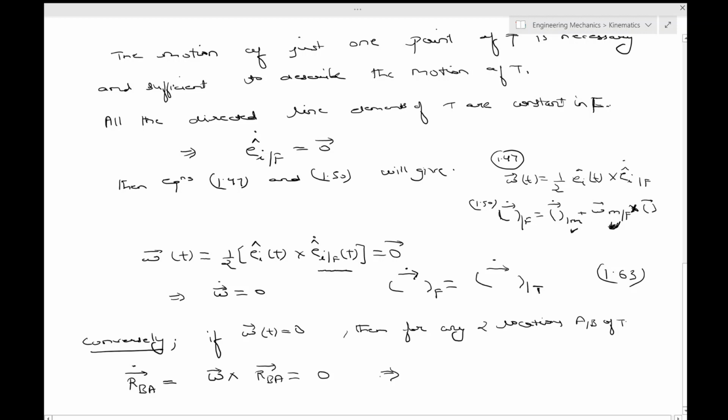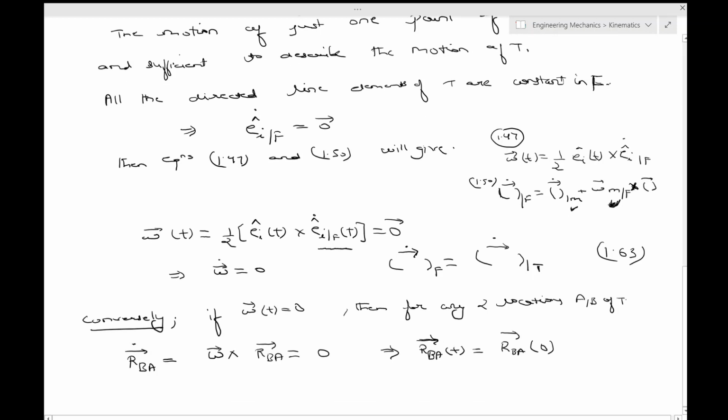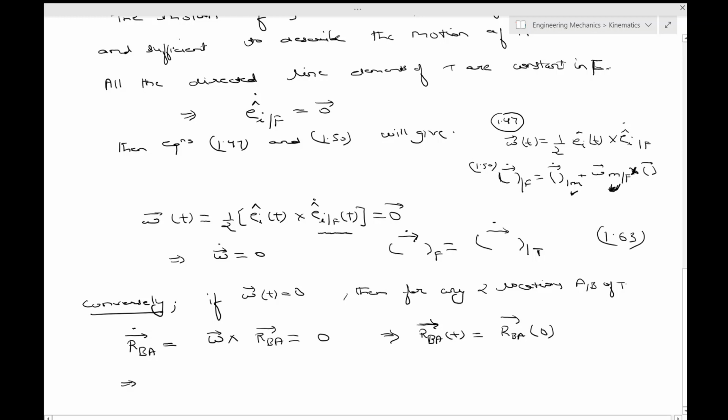Okay, this would imply that RBA at time t will be the same as RBA at time 0, and this would mean that RB at time t minus RA at time t is equal to RB at 0 minus RA at 0.